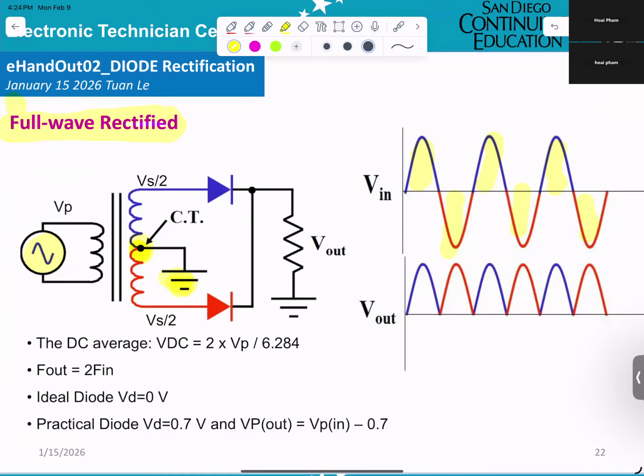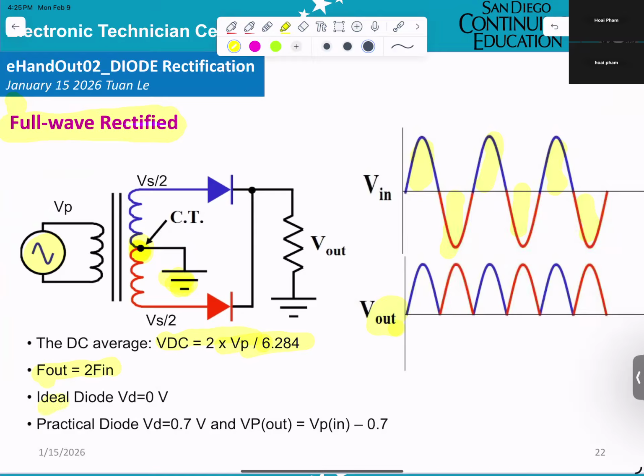So DC average VDC equals 2 times V peak. F out is the output here. Frequency will be double the input frequency: F out equals 2 times FE.